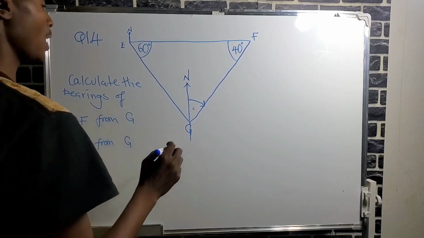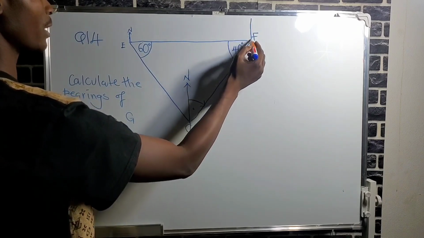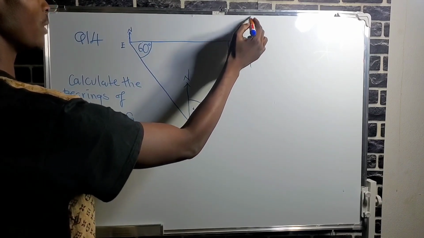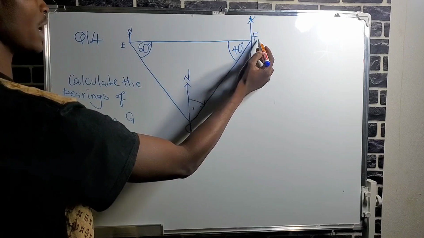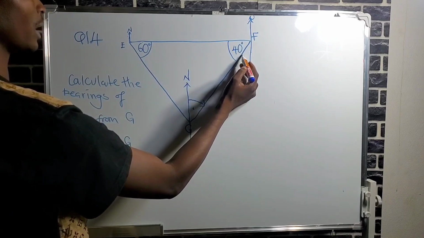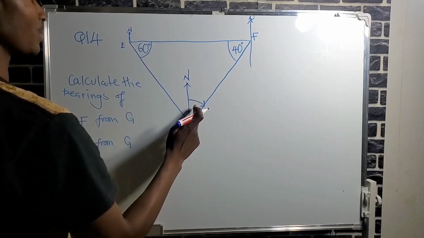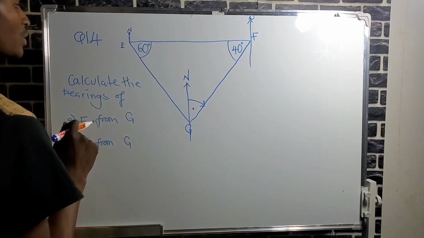Now, how do you know this angle? If I draw the north here as well, this is a straight line which is 180, and this is also an angle which we don't know, because this angle is equal to this angle.